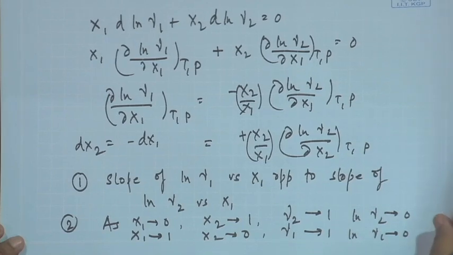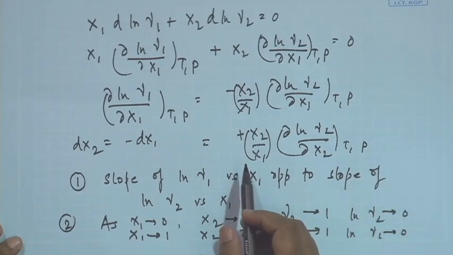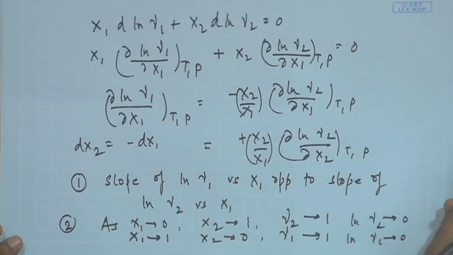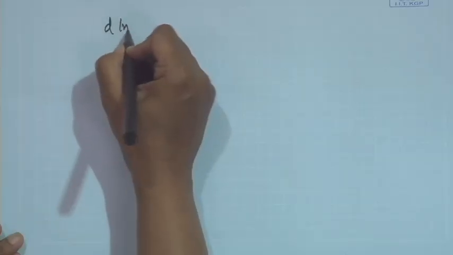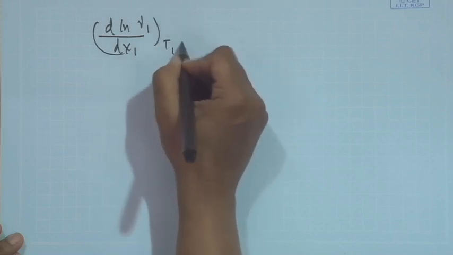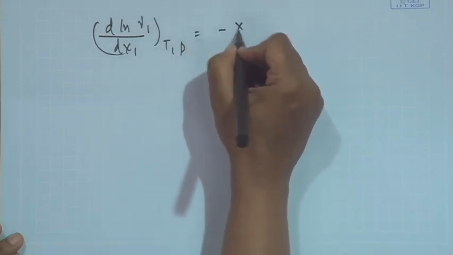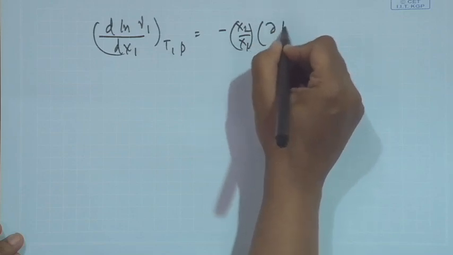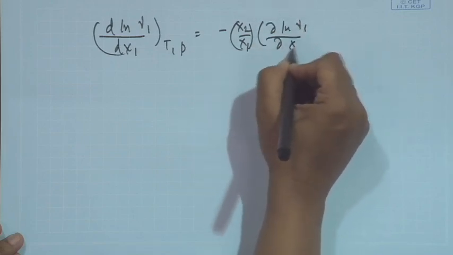Fine. What is the other thing that we can observe from here? Just observe the equation which I have written down. The equation implies that d ln gamma 1 dx1 at constant T, P is equal to minus x2 by x1 del ln gamma 2 del x1.